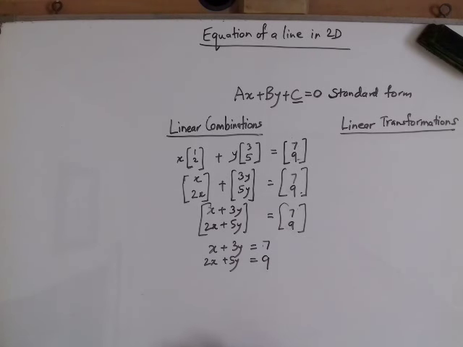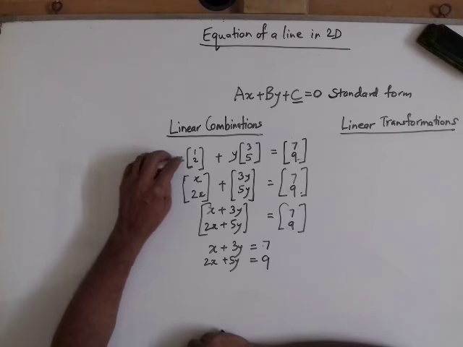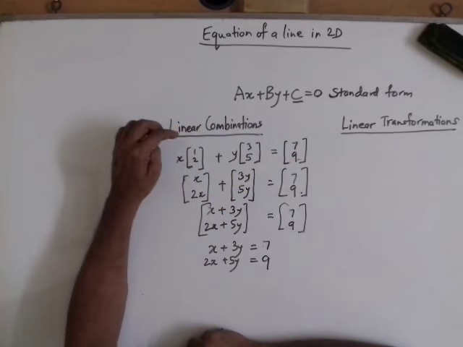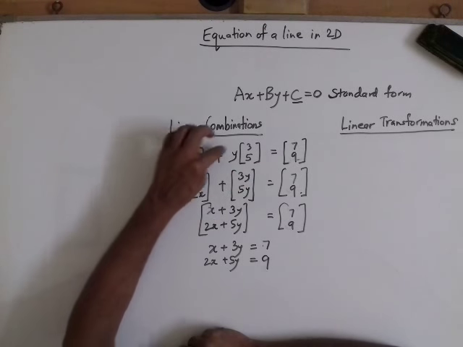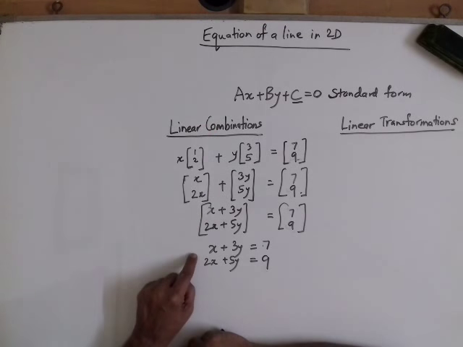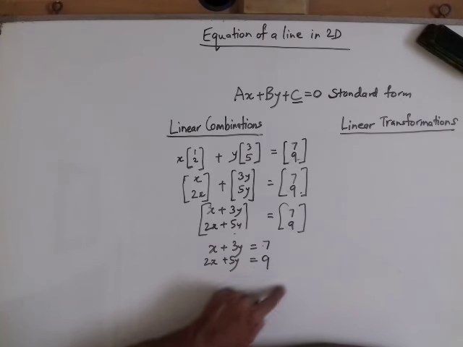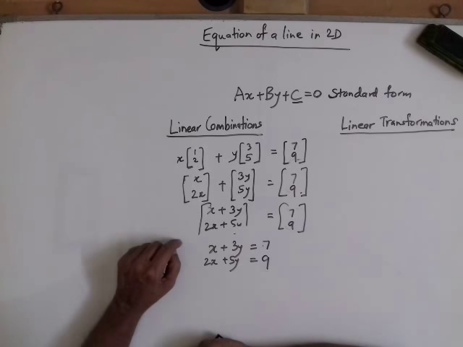Then the problem of finding that linear combination of these two vectors which results in this vector, that is finding the correct scalar multiples, suddenly becomes a problem of solving a system of linear equations, correct?